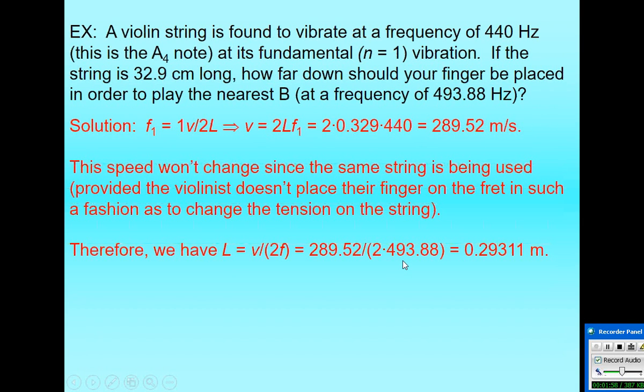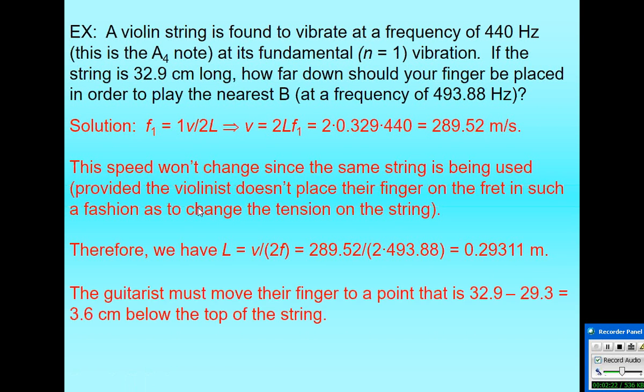But now, with this new f of 493.88 hertz, the propagation speed is still 289.52. I want the playable length of the string to be 0.29311 meters, whereas the unadorned length of the string is 0.329 meters.